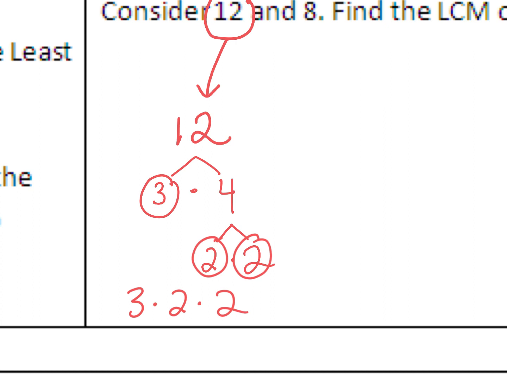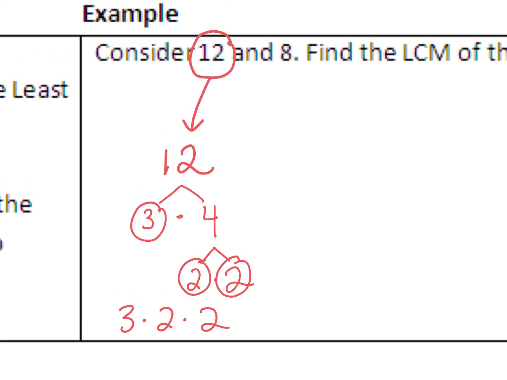Okay, now, what's the importance of it? You're about to find out. Patience, young Padawan. All right, so 8. I now need to make a factor tree for 8. I need a number that goes into 8. 4. Yeah, 4 times 2 would give me 8.